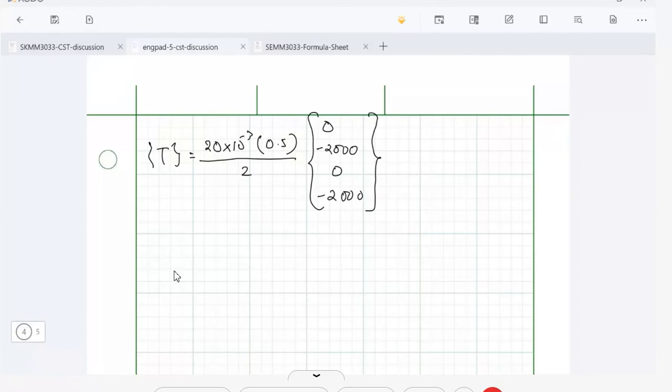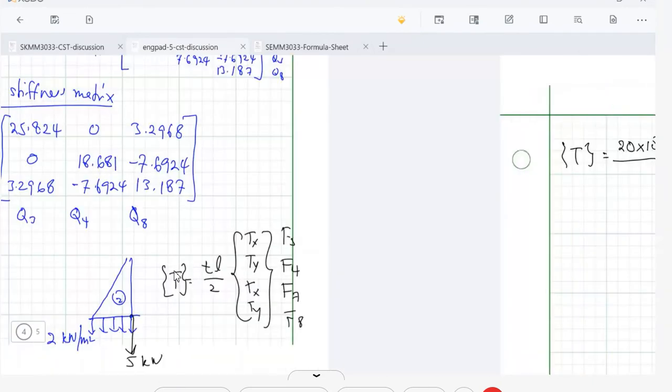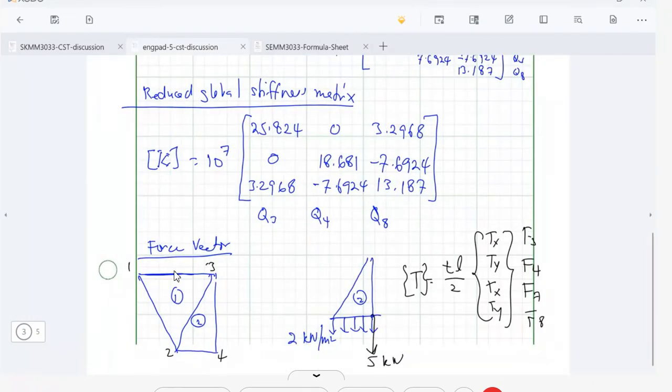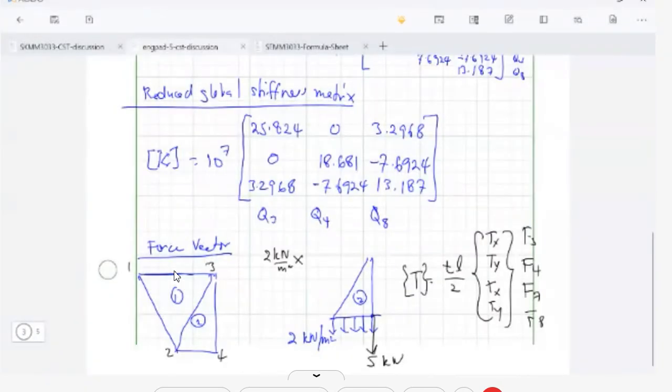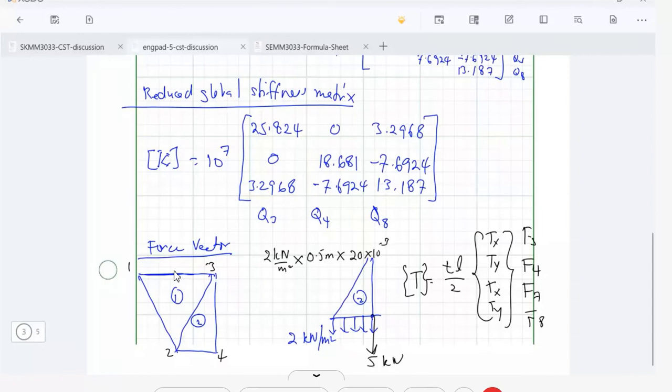Note that the total force here is 2 kilonewton per meter squared times 0.5 meter times 20 times 10 to the minus 3 meter thickness.